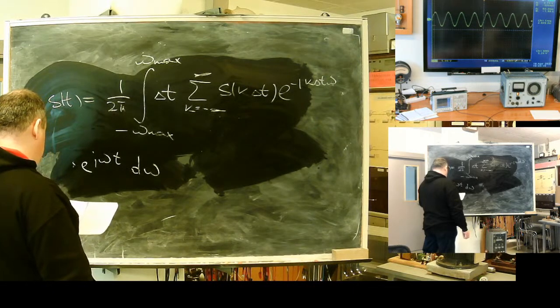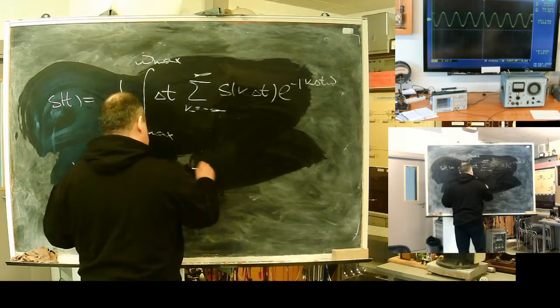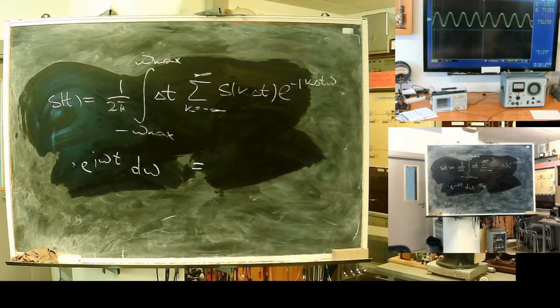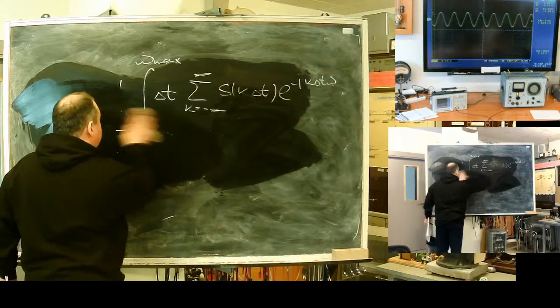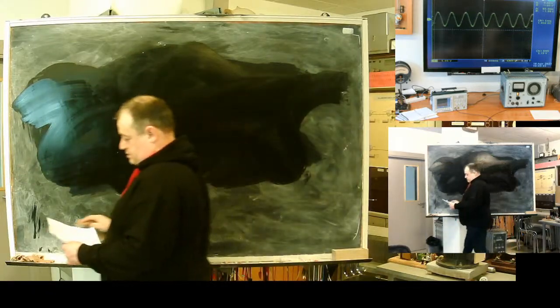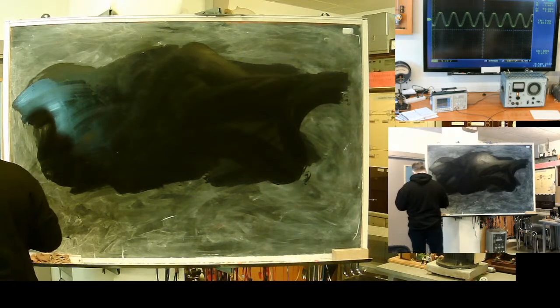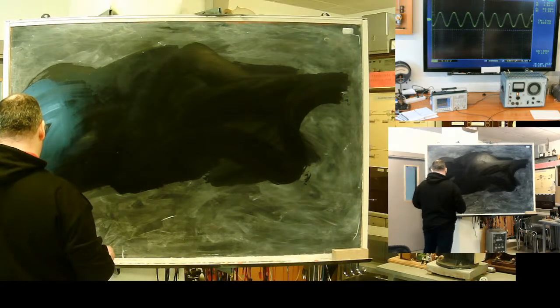Which can be represented in the next form. We have samples of the signal and something else. We will have a bit better representation.